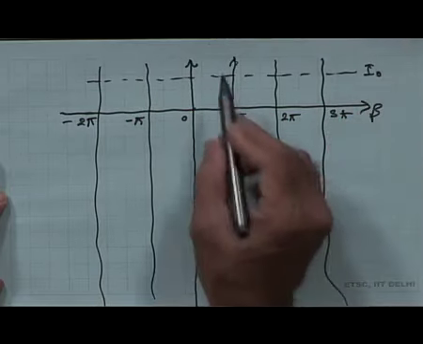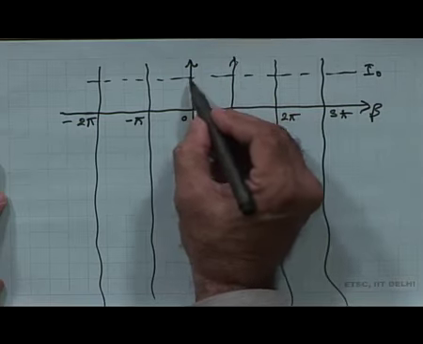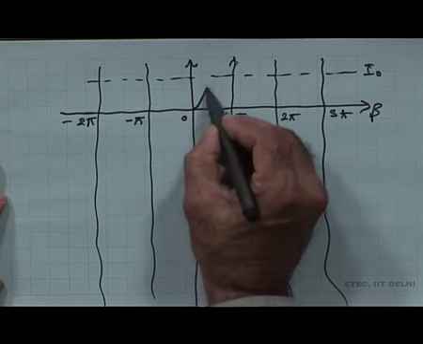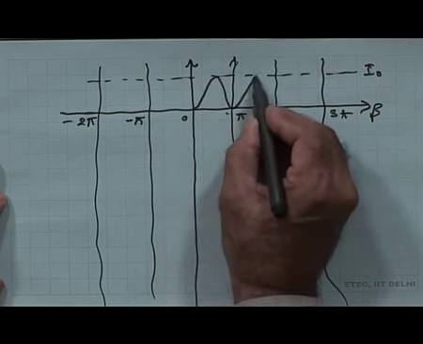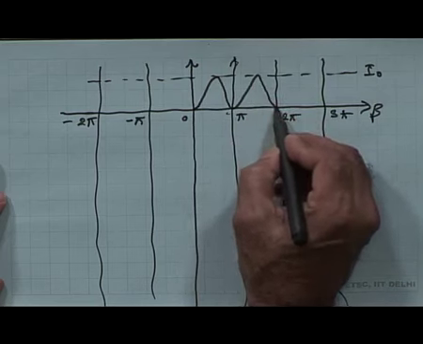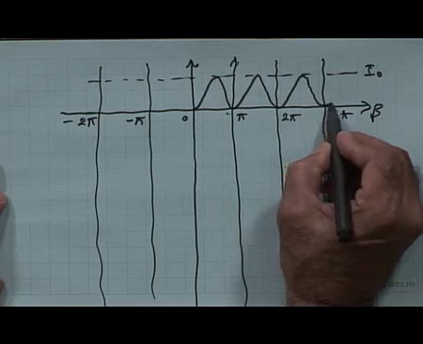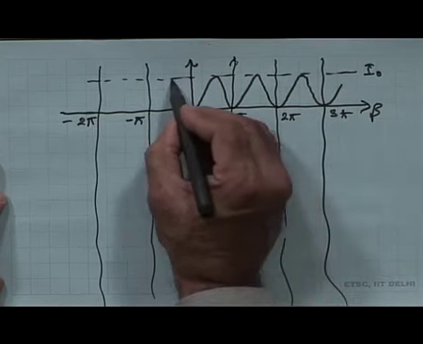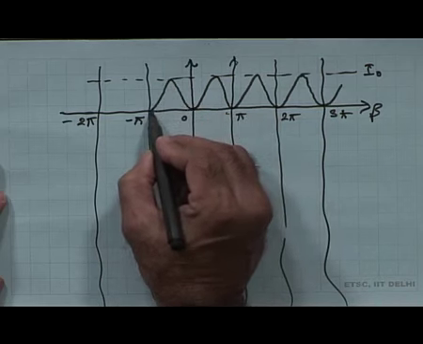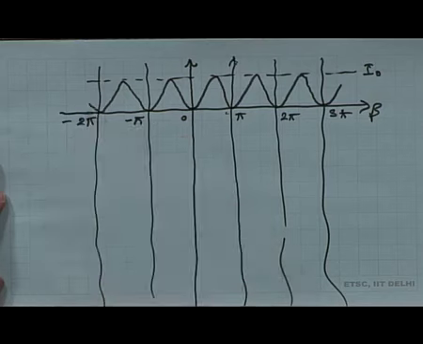What I am plotting is the first function I 0 sine square beta. So, first function is 0 here, maxima at pi by 2, 0 at pi, maxima at 3 pi by 2, 0 at 2 pi. So, this is the sine square function. Maxima here, 0, maxima here, 0 and so on.